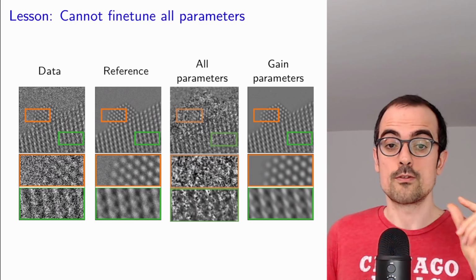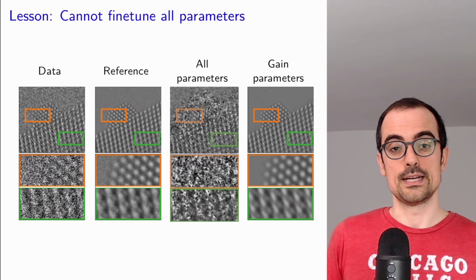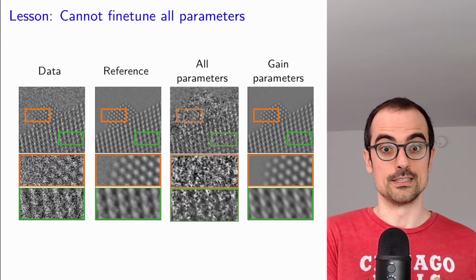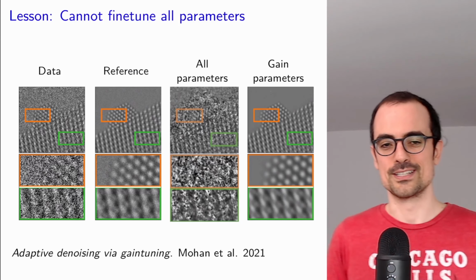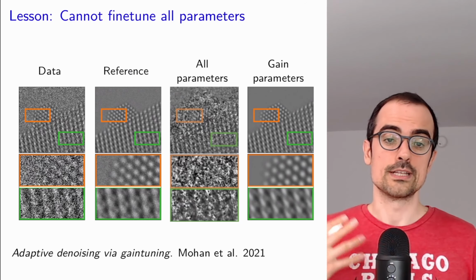It's a small fraction of the total parameters of the network, and that's what prevents it from overfitting when we do this unsupervised fine-tuning. More details in this paper, Adaptive Denoising via Gain Tuning. The semi-supervised learning framework is called Gain Tuning.